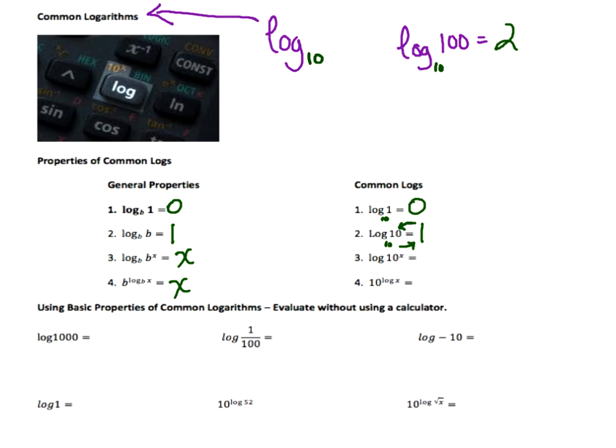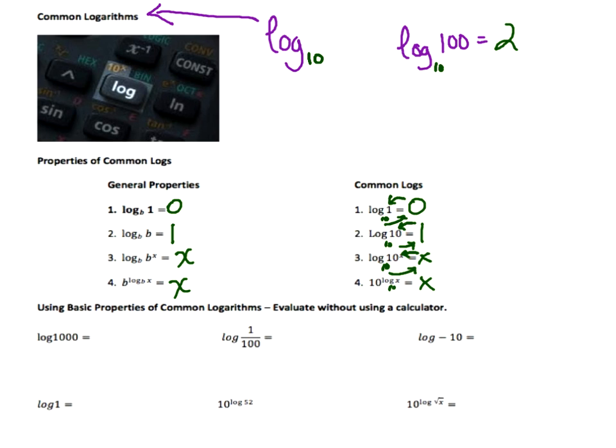And this last one was understood 10 raised to the 0 power is 1. Log understood base 10 of 10 to the x is x, because understood 10 raised to the x power is 10 to the x. And the last one, 10 raised to the log of x, that's an understood base of 10, so 10 raised to log base 10 of x is x.